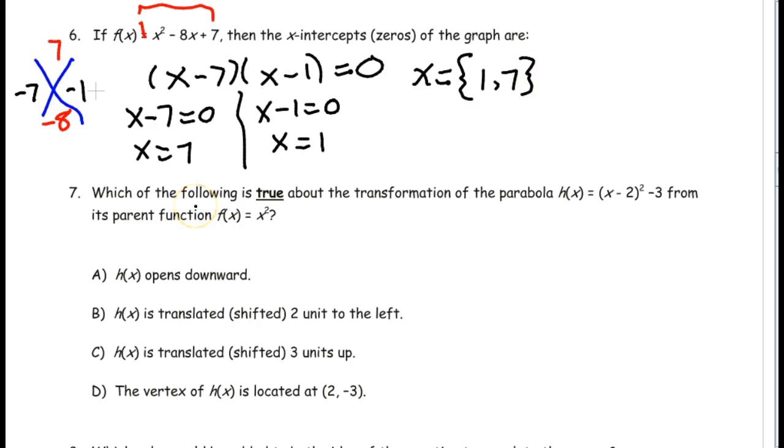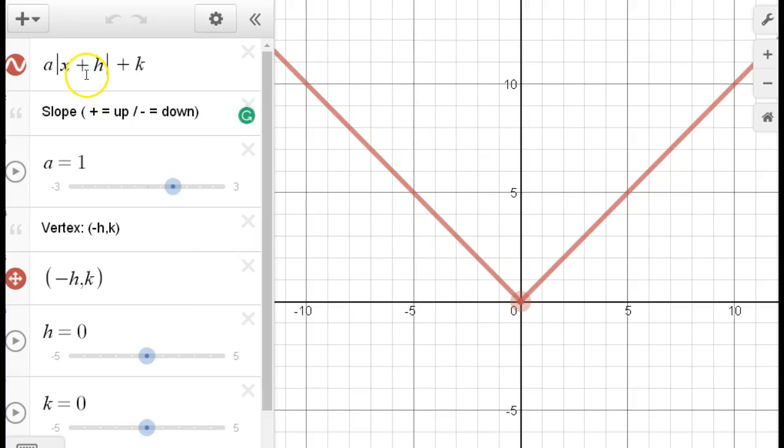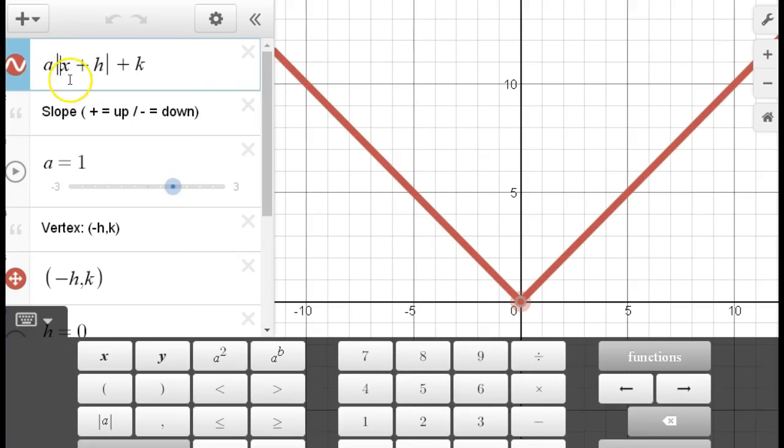All right. Which is true about the transformation of the parabola? Okay. So -2 and -3. Now, quick reminder, for absolute value, or for quadratics anyway, works the same thing. Works the same way here.